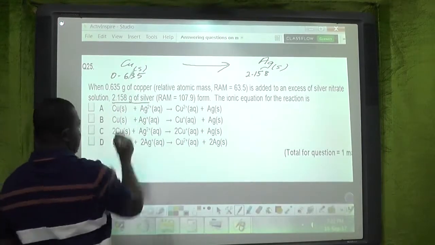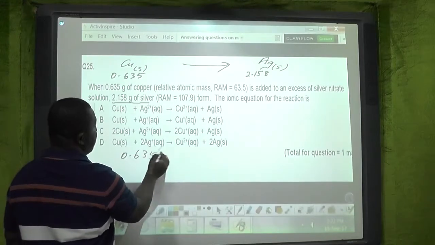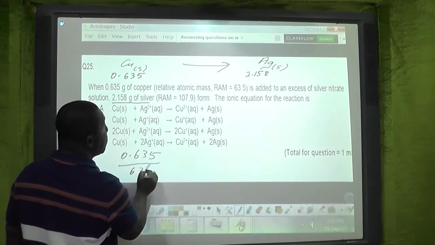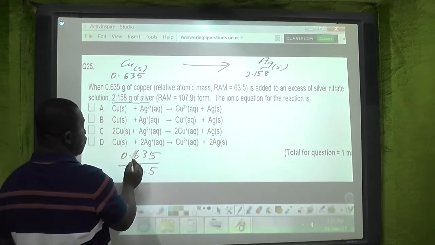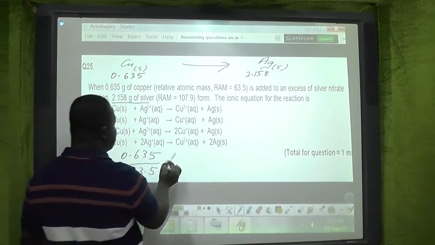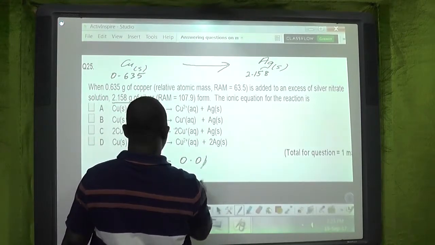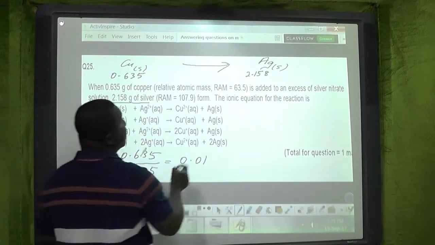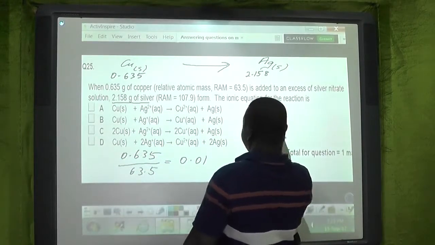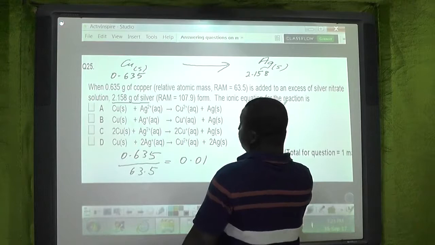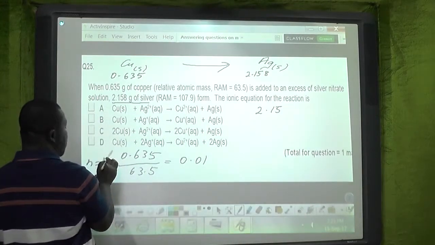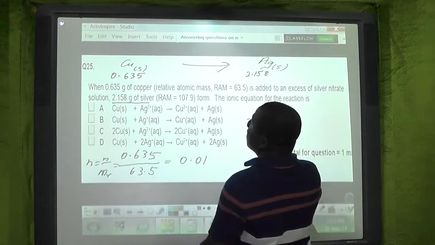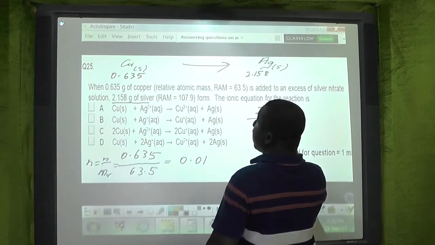Let's check that. This is 0.635 divided by the relative atomic mass, 63.5 per mole. They have moved the zero 2 times. So this divided by this equals 0.01. And for this, the mass is 2.158. Of course, don't forget n equals mass over molar mass. The same thing here. The mass of this is this, and the molar mass is given to you as 107.9.